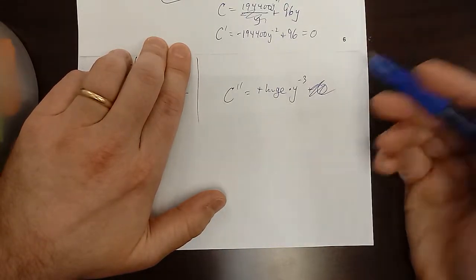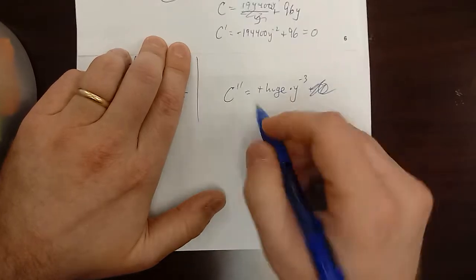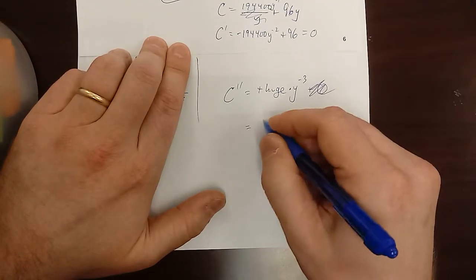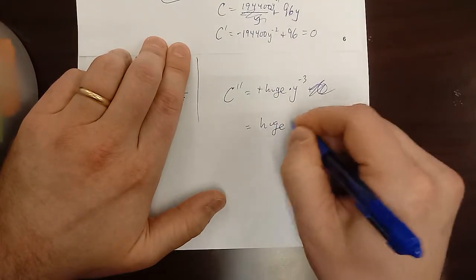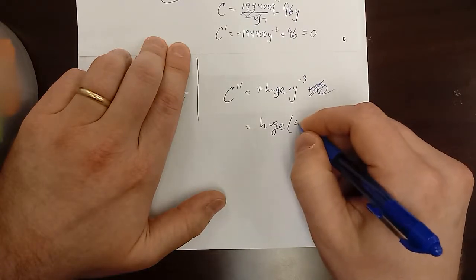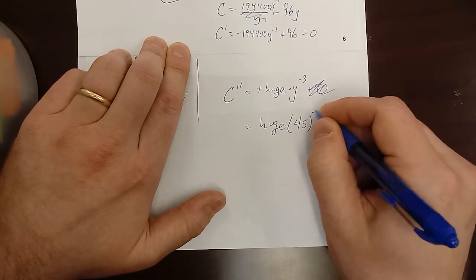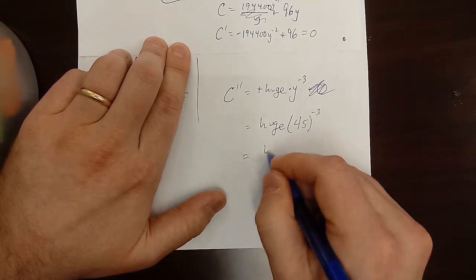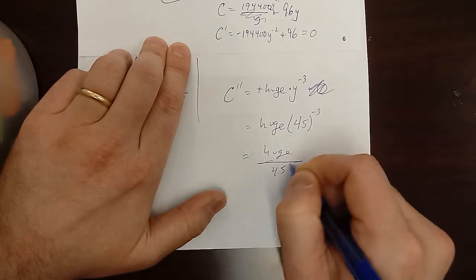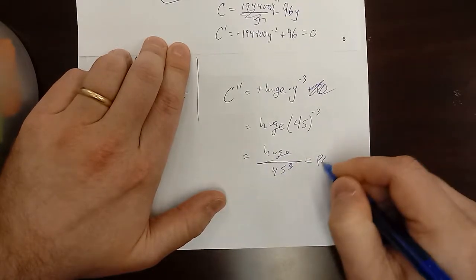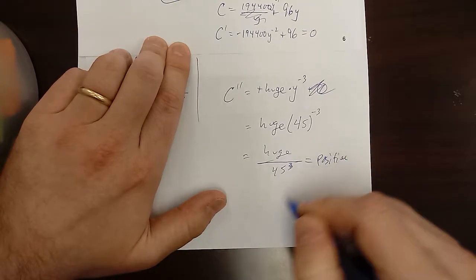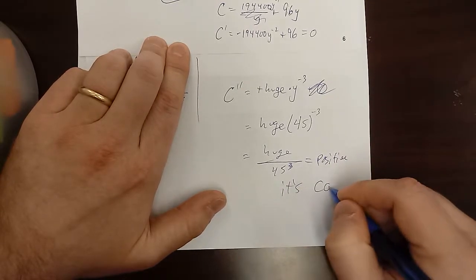So if I were to plug in positive 45, a huge positive number times 45 to the negative 3 is equal to that huge number over 45 to the 3, which equals a positive number, which means it's concave up.